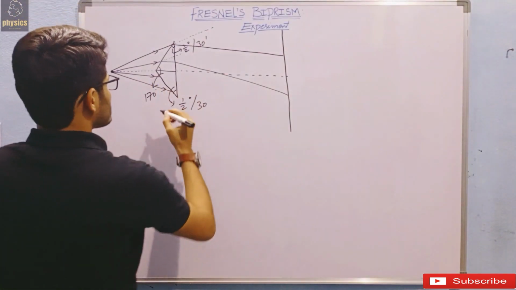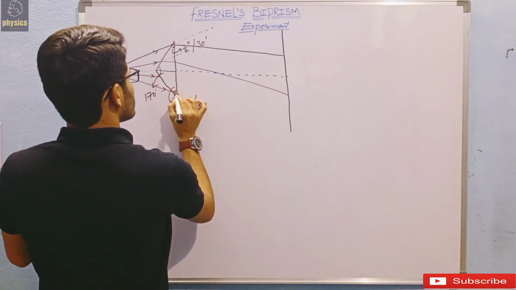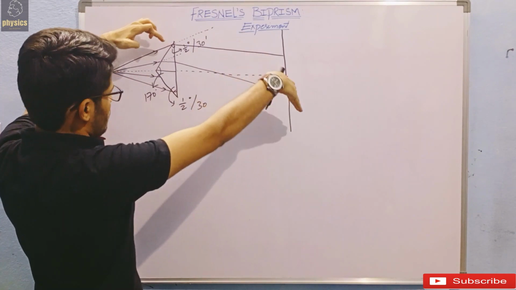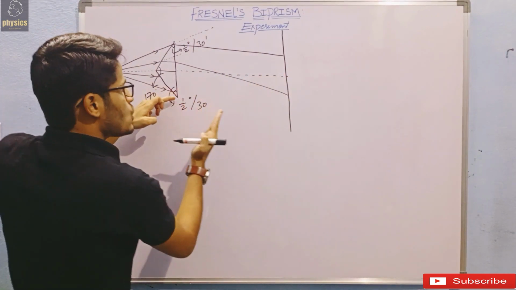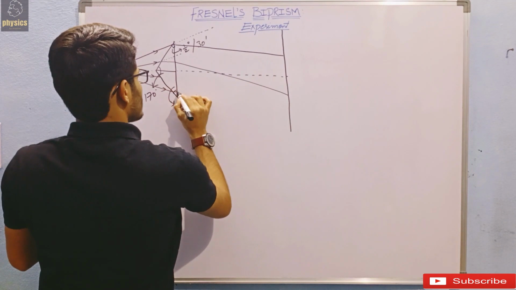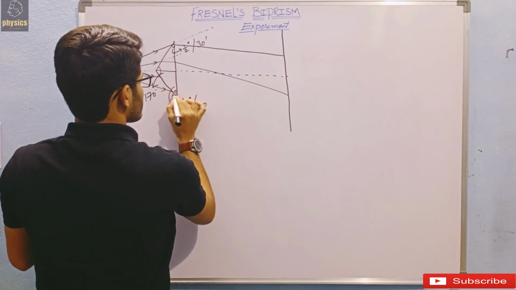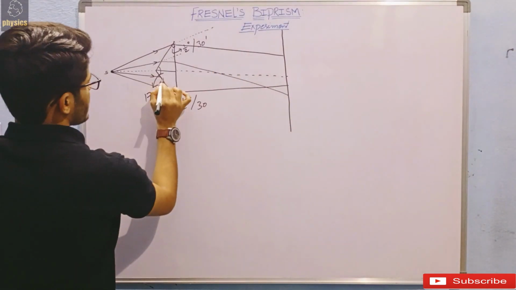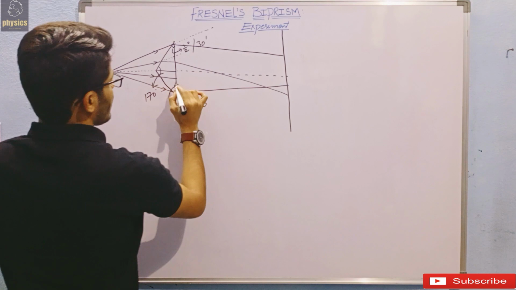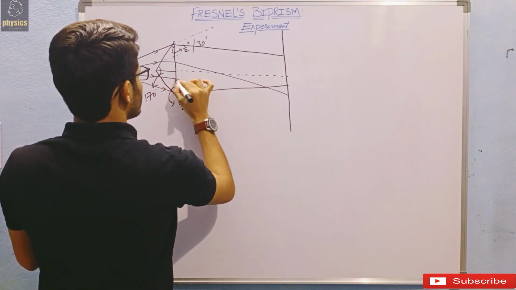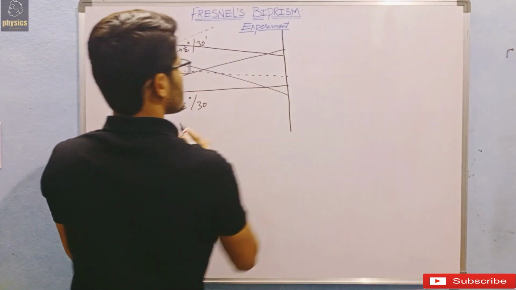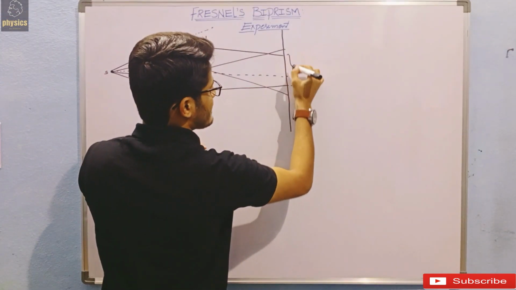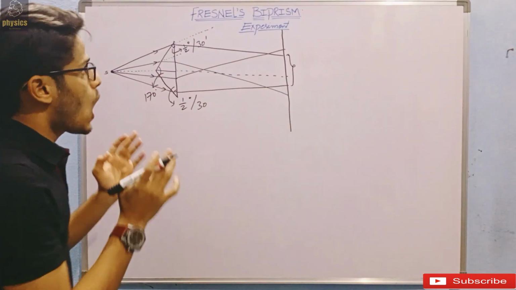Similarly, this light will also bend. Because the upper ray got bent towards the bottom, the bottom ray will bend towards the top, something like this. And this ray from here will move something like that. This is the region where you will get the interference pattern.